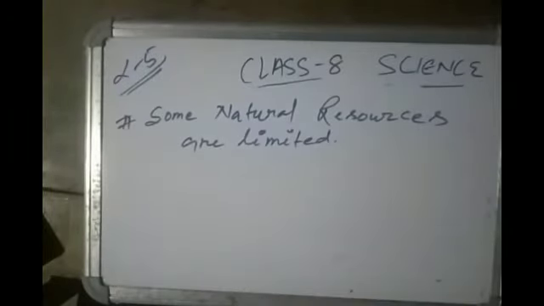When you look at your textbook page number 61, you will find at the beginning of the chapter: some natural resources are exhaustible, like fossil fuels, forests and minerals.